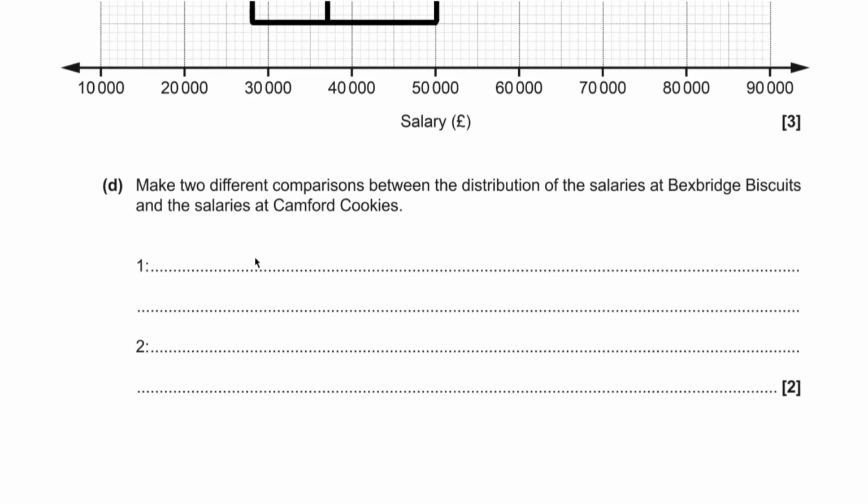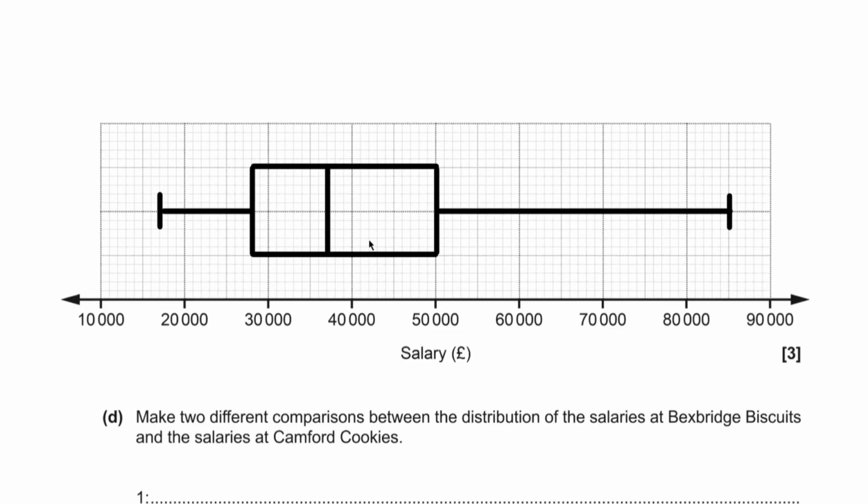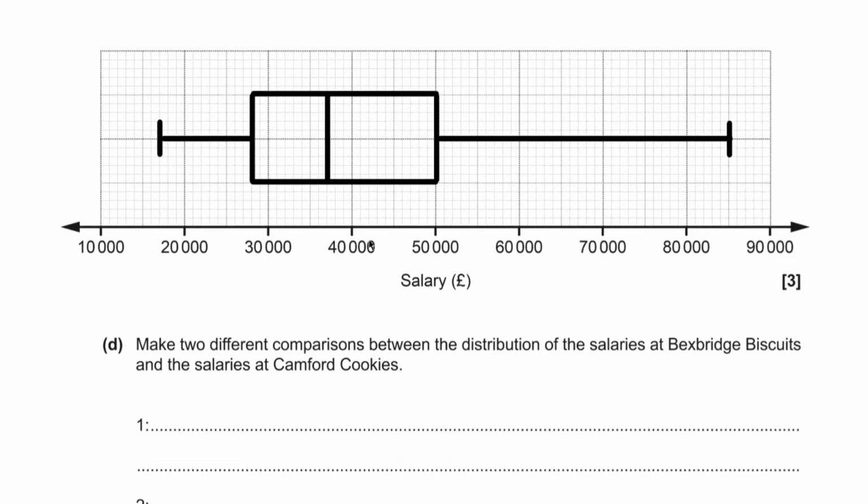Now for part D, we have to make two different comparisons between the distribution of the salaries at Bexbridge Biscuits and the salaries at Comfort Cookies. So in terms of the interquartile range, in this case, we have 50,000 take away 28,000, which is 22,000.